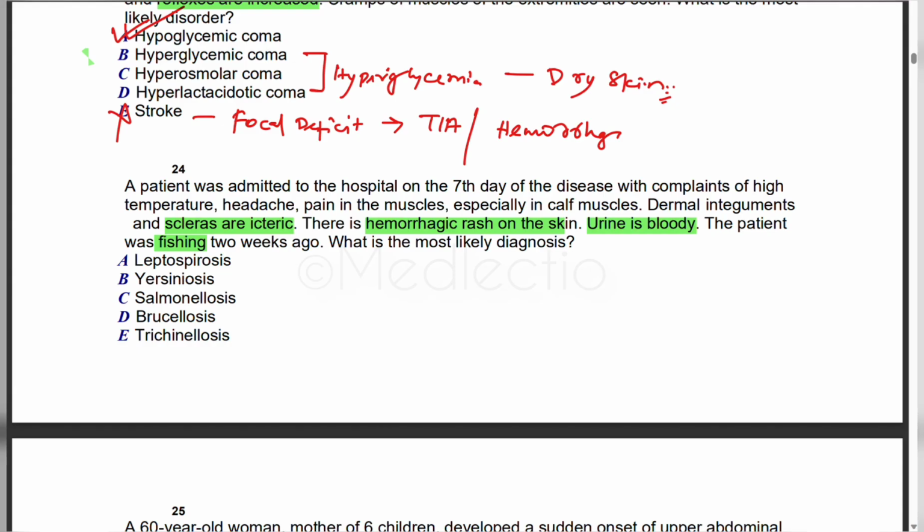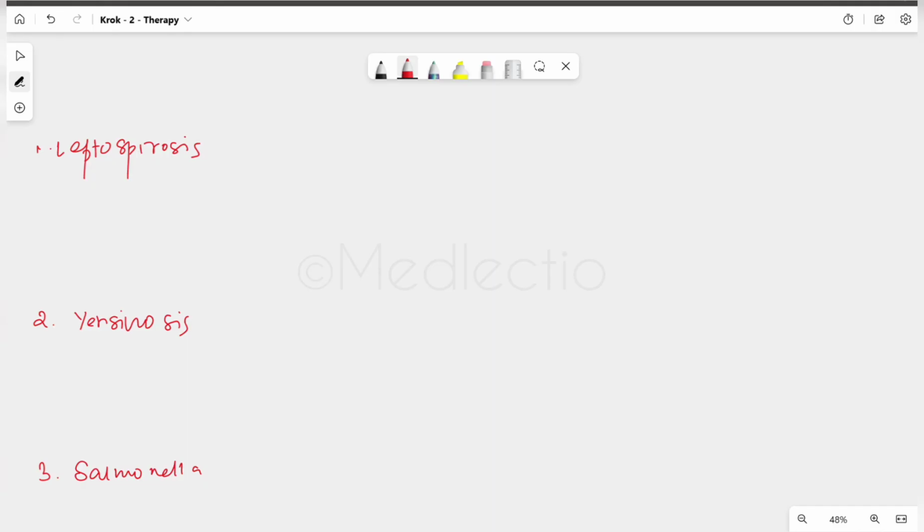Then brucellosis is the fourth, and the fifth one is trichinellosis.